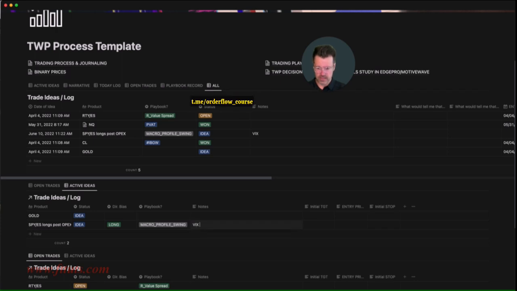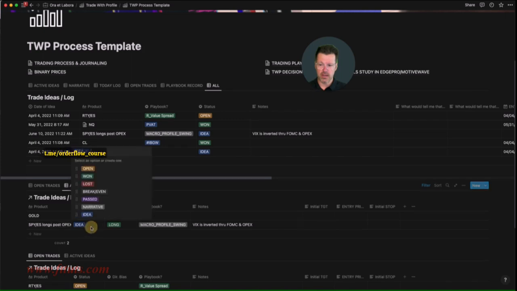I'd say VIX is inverted through FOMC and OPEX. That way I can have an idea that I can be referencing. And then if I enter it, I just fill out the rest of the stuff. And if I pass on it, I just pass, and there's nothing to do.